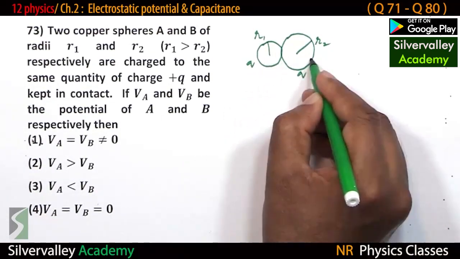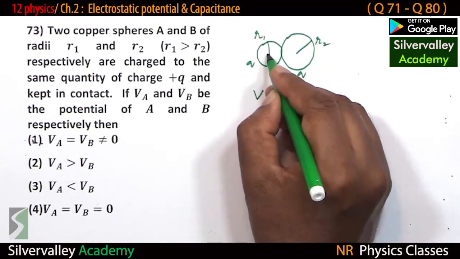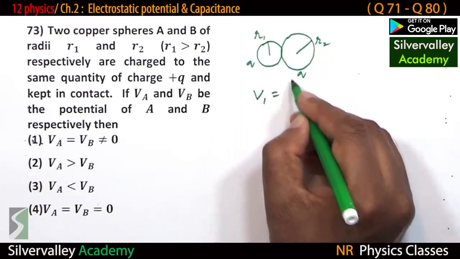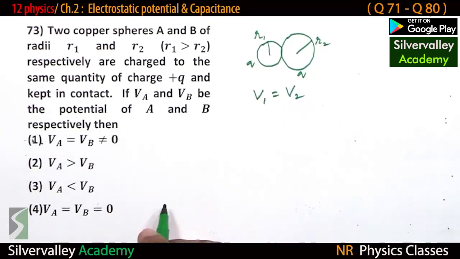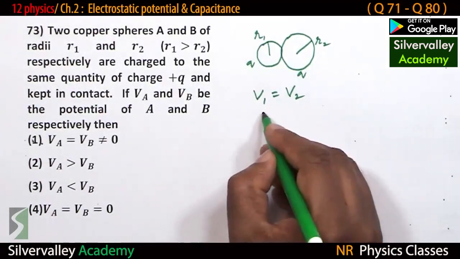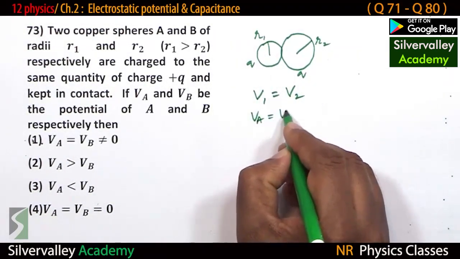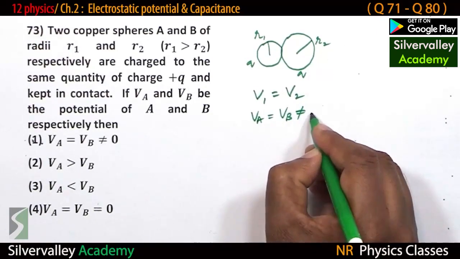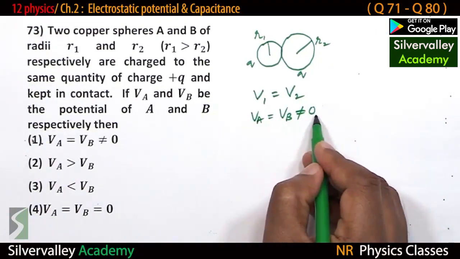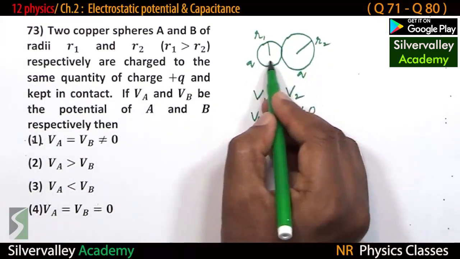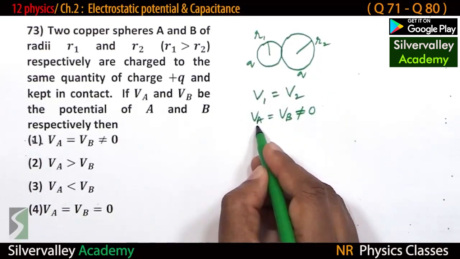And they are in contact, which means potential remains constant. So the potential of the first sphere equals the potential of the second sphere. So VA equals VB, and this is not equal to 0. Why not equal to 0? Because there is some charge. Because of charge, there is some potential.